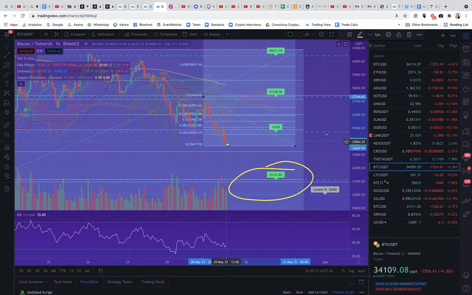So you might see that we come up and we bounce off this line, or we come up to this resistance line and we bounce off it and come back down again, or we come up here and we come back down. So that means putting in a long here, very risky unless there is a pattern that's clearly bullish, there's no bearish divergences on the RSI, and there's a lot of volume and a lot of momentum that's going to help push the price up, okay?